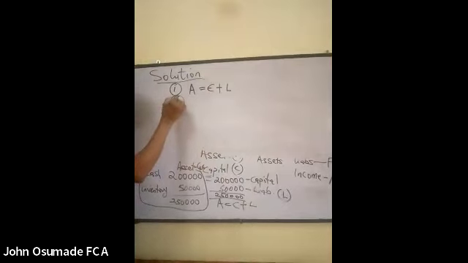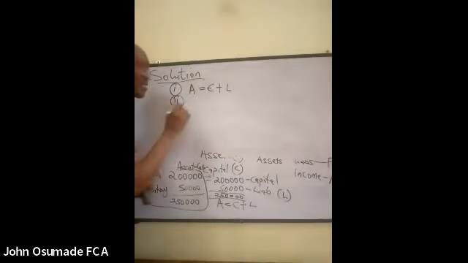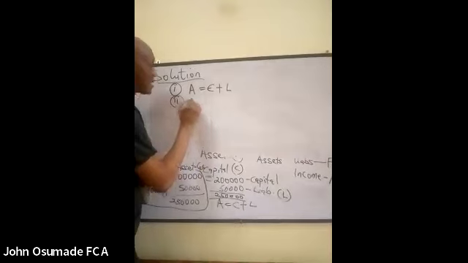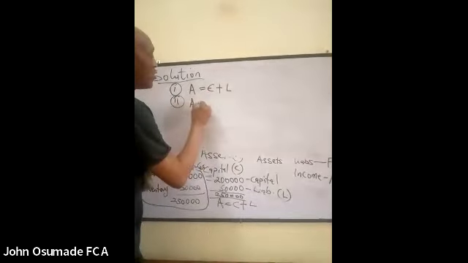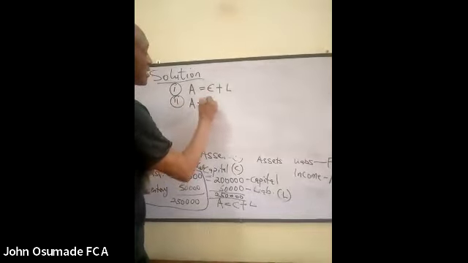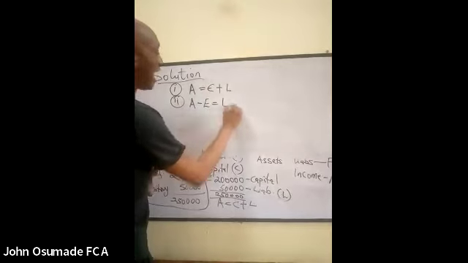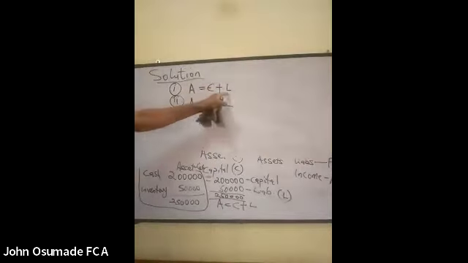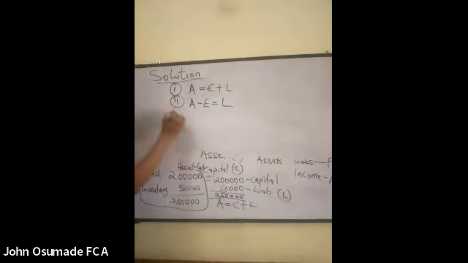Number two, we were told to find liability. So if it is for us to find liability, we have assets minus equity equals liability, because we are looking for liability. Is that not so?